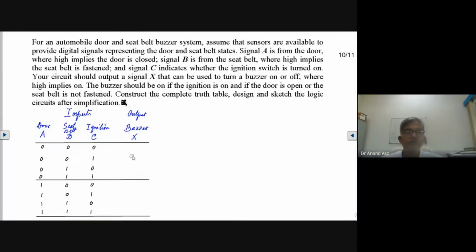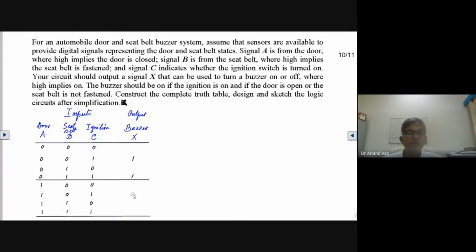So first, the buzzer is on over here. Here the door is open as well as the seat belt is not fastened. So the buzzer should go on. Then here we have the ignition on, but the door is open. So again, the buzzer should go on.